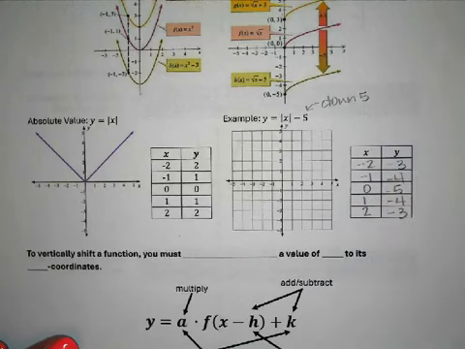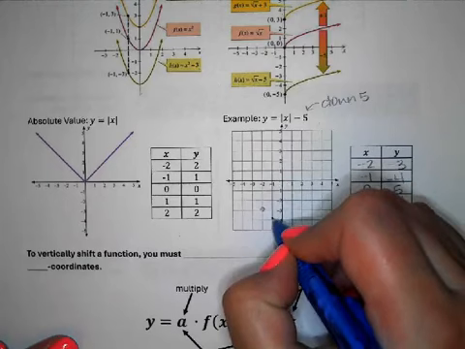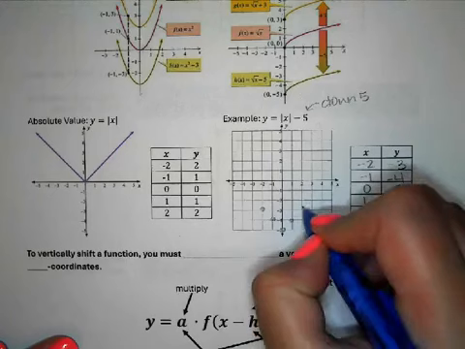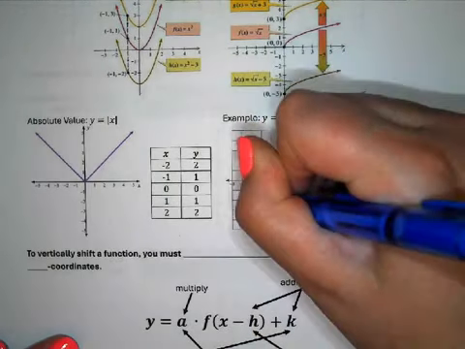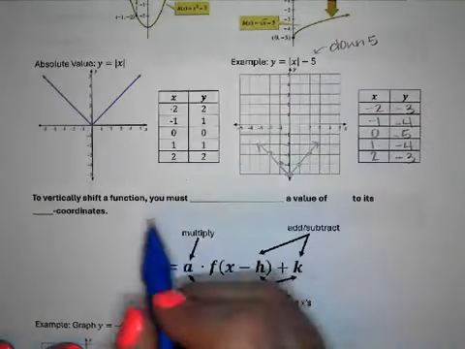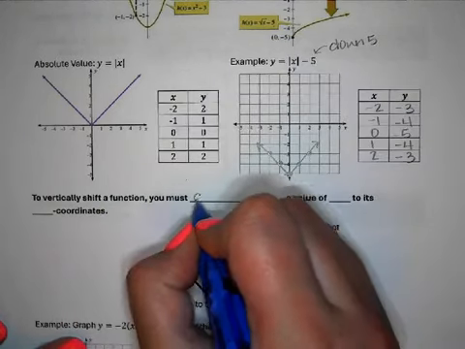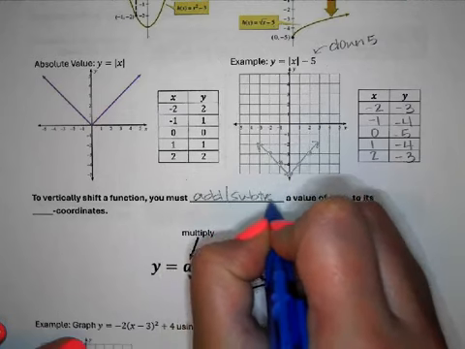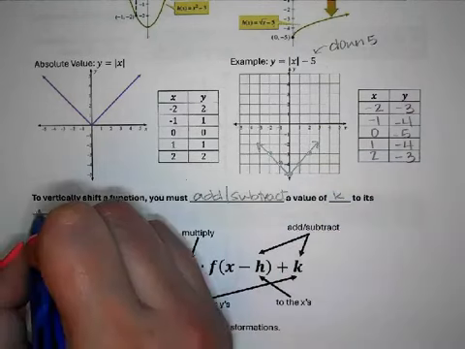And then I can go ahead and graph each one. So to vertically shift a function, you must add or subtract a value of k to its y coordinates.